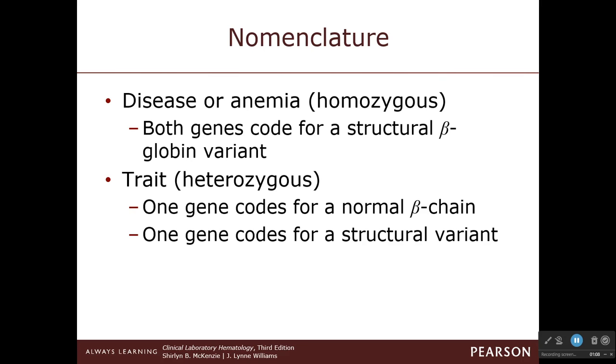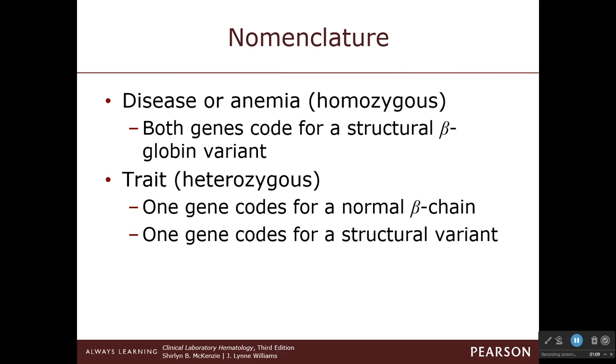So when we talk about a disease or anemia, we're talking about homozygous. That means both beta genes carry the abnormality. Trait is the opposite. It's heterozygous, so they have one normal one and one abnormal one. It can be the S, the C, the E, the D, the G, or the other 1,000 things that there are.